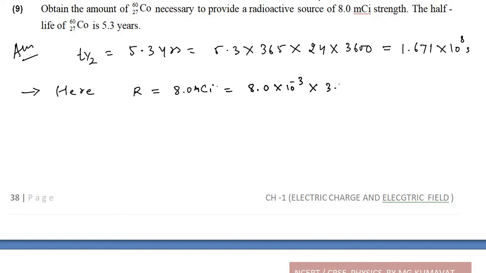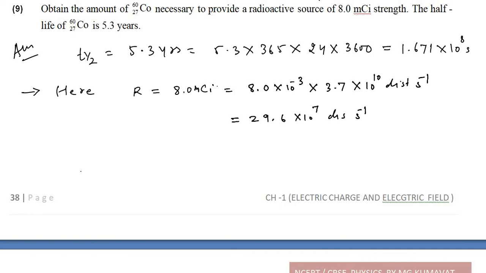So milli can be changed to curie by multiplying by 10 to the power minus 3. And 1 curie is equal to 3.7 multiplied by 10 to the power 10 disintegrations per second.